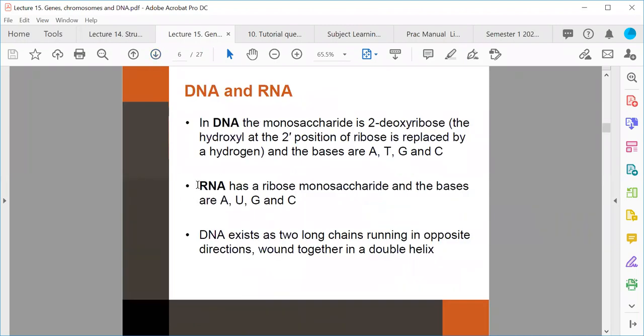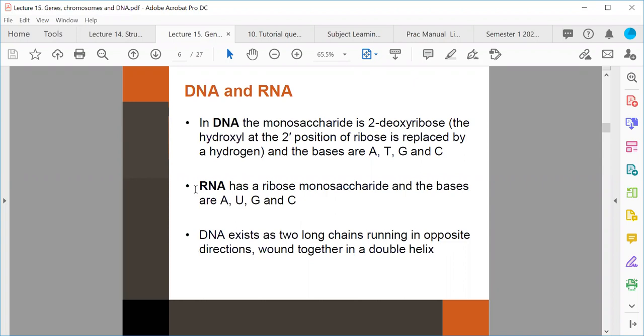Okay, so RNA, of course, has a ribose sugar, and the bases are adenine, uracil, guanine, and cytosine. Now, DNA, as you know, exists as two long chains of nucleotides running in opposite directions and wound together in a double helix formation.